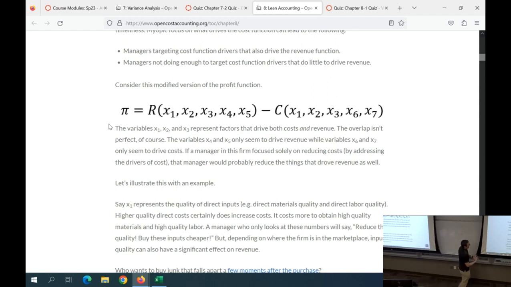And so lean says, hey, look. We've got some things that are just driving cost, and let us go hog on those things. Let's just rip and attack that waste. We want to be lean and get that waste out of there. But there are other things that are driving costs that are also driving revenue, and they're part of our, this is the terminology they use, value stream.